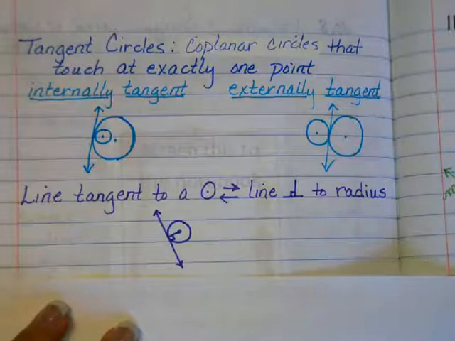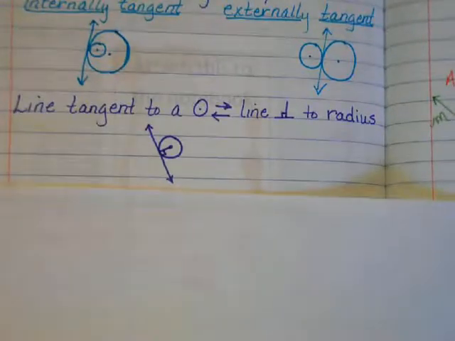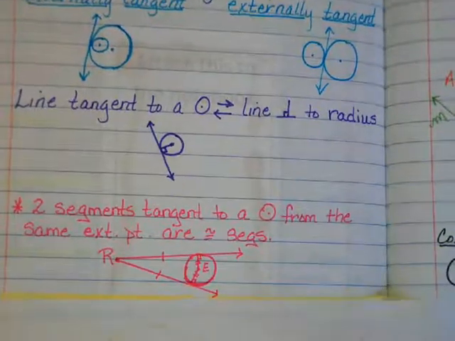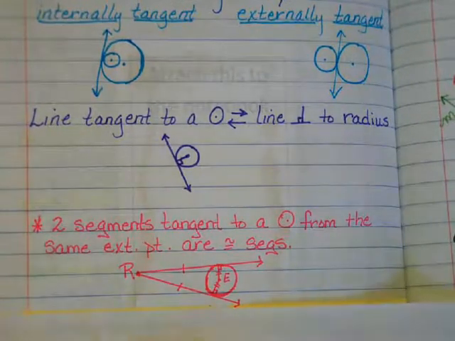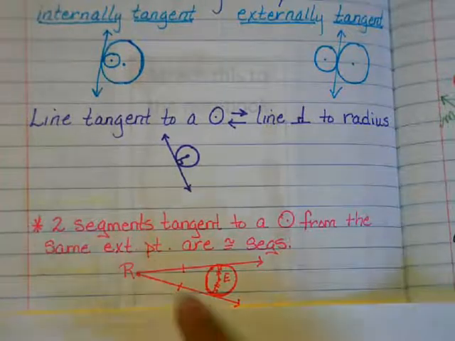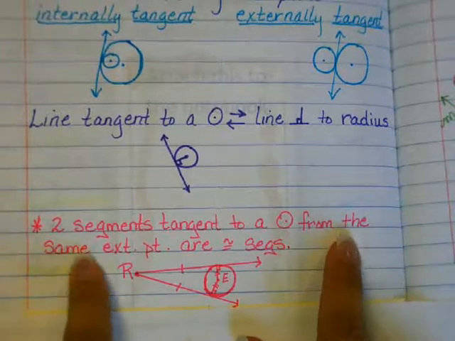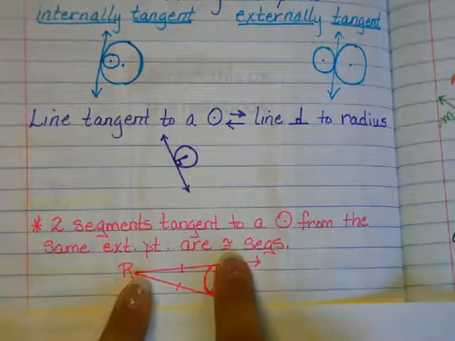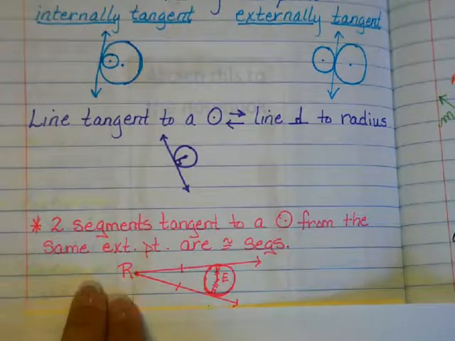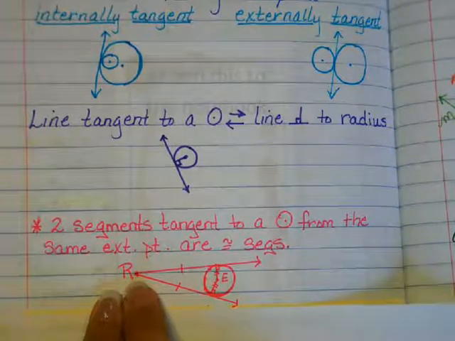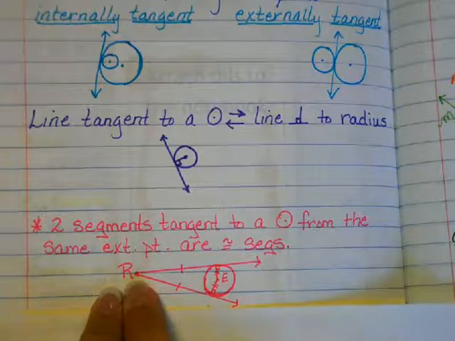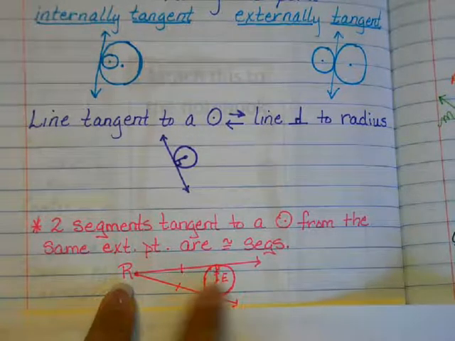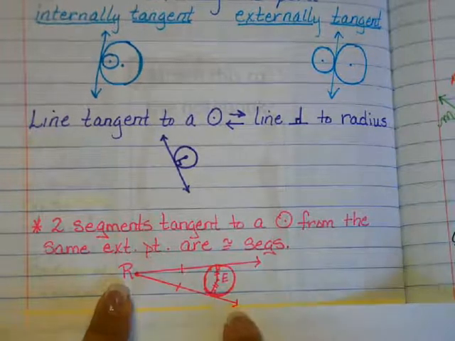One more piece of information you need before we solve a couple of problems: two segments tangent to a circle from the same exterior point are congruent segments. So if we start way out here at R, I always think of this like the sun and this is the earth, and the rays of the sun go out to the sides of the earth.